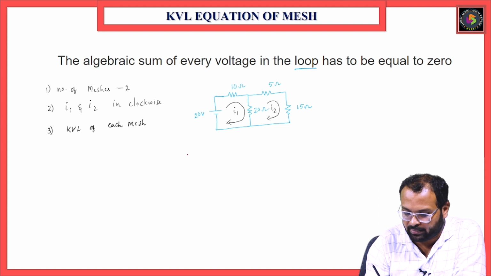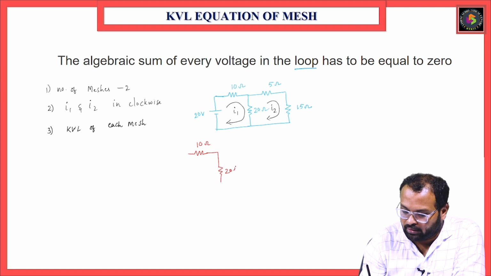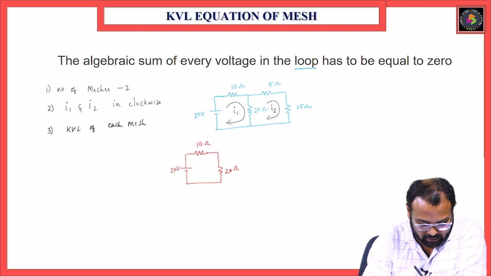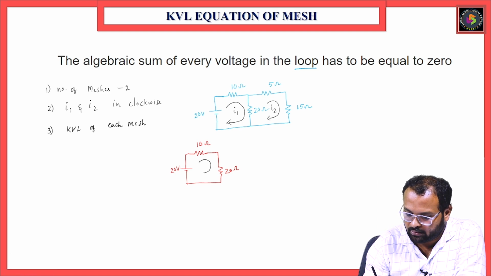So what is my mesh 1? Mesh 1 consists of 3 elements, that is 10 ohms, 20 ohms, and we have a voltage source of 20 volts. Right, this is my mesh 1, and the current in this mesh 1 is I1.